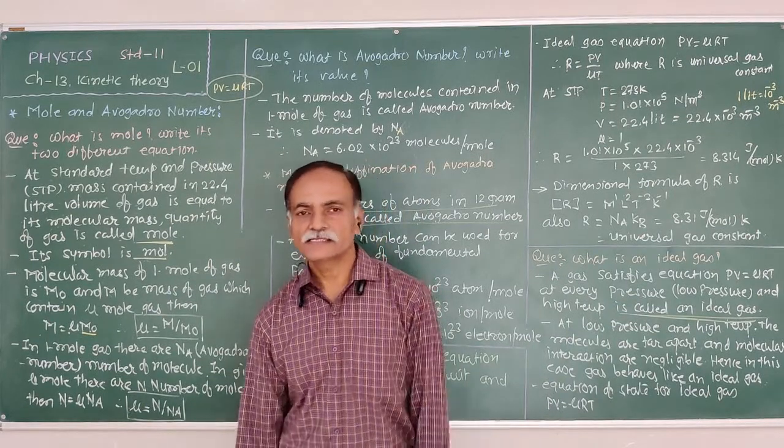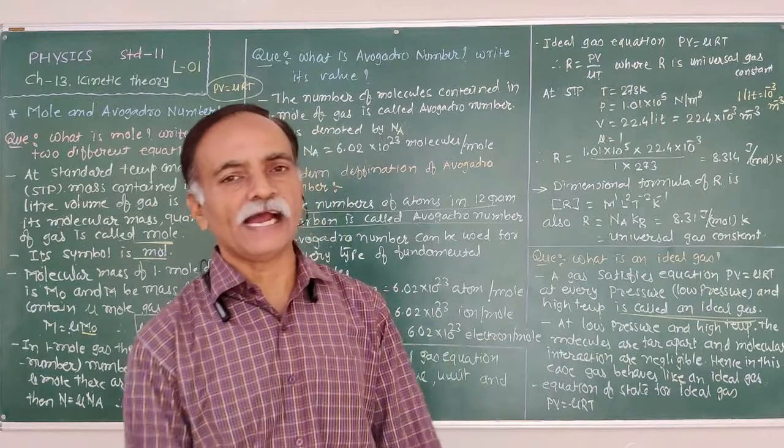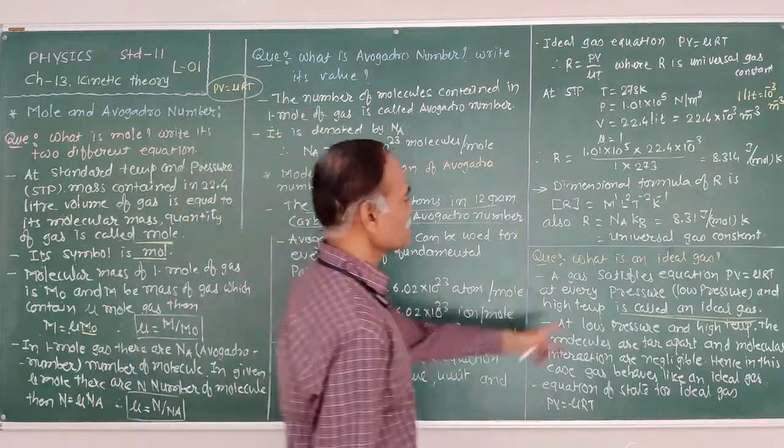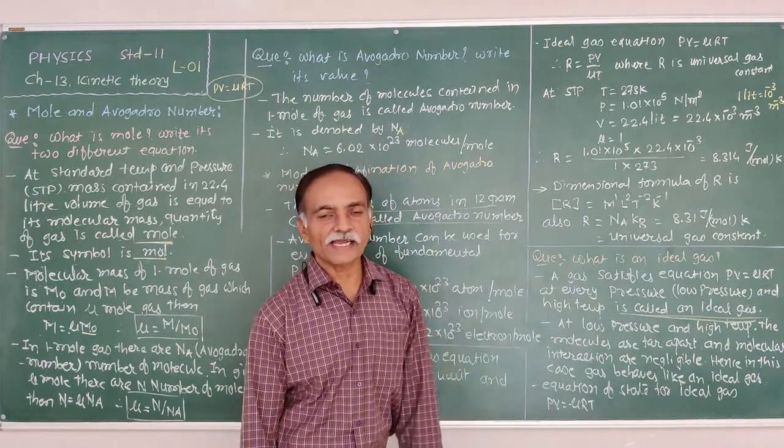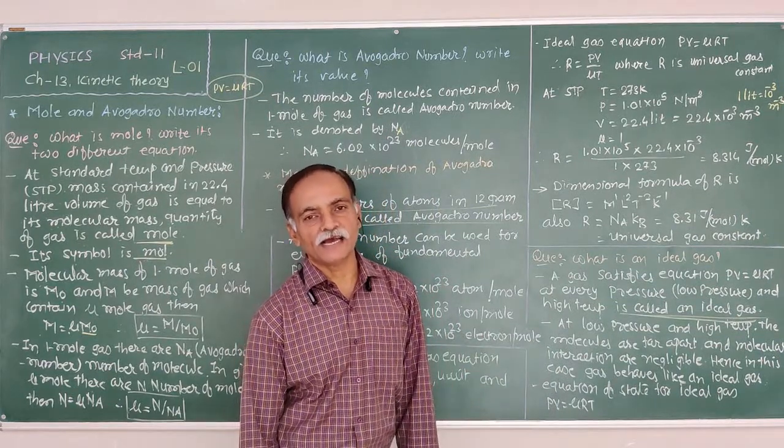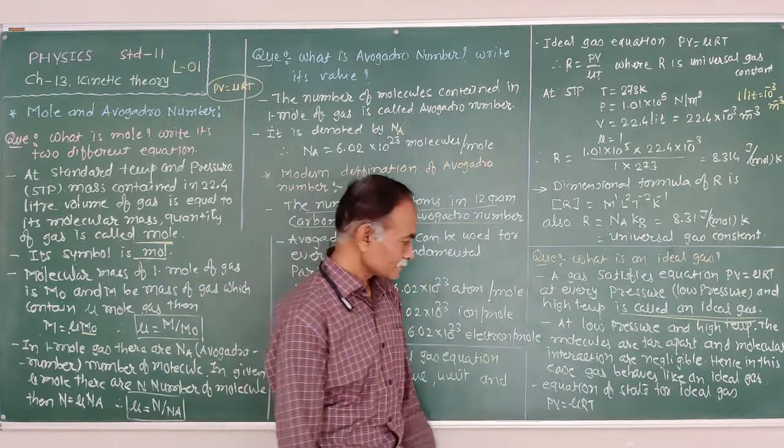That means any gas at low pressure and high temperature, if it satisfies the relation PV is equal to mu RT, we can consider as an ideal gas.